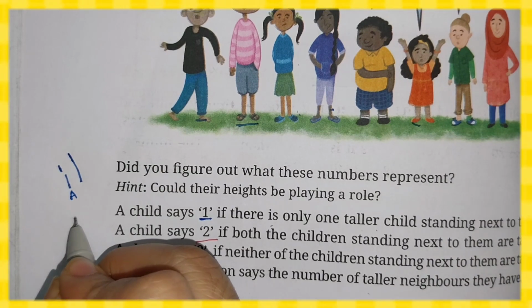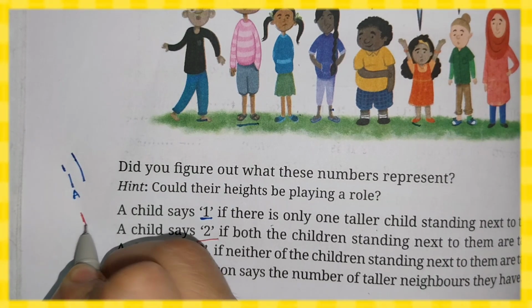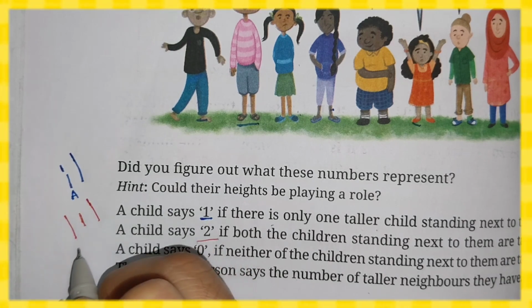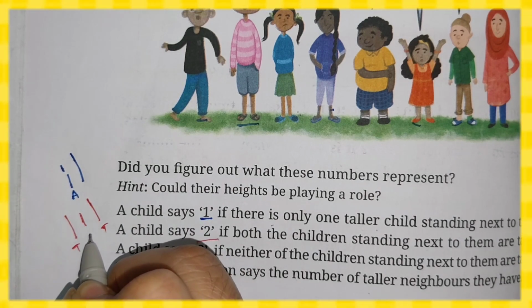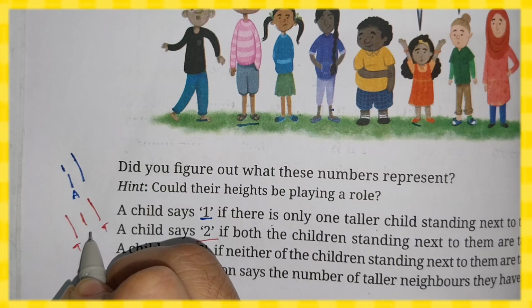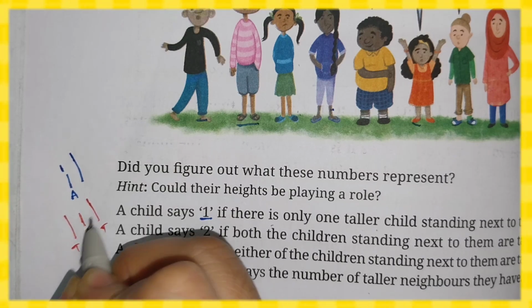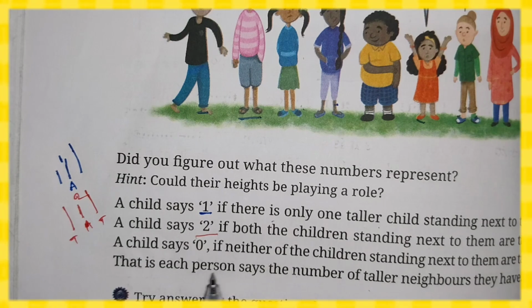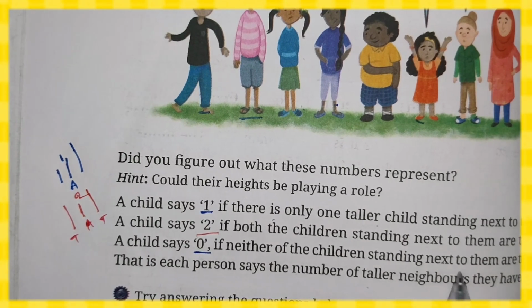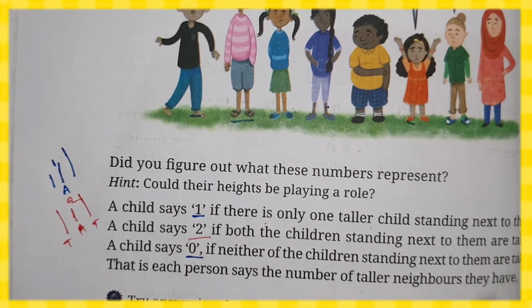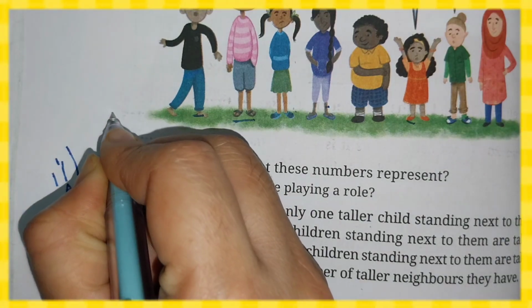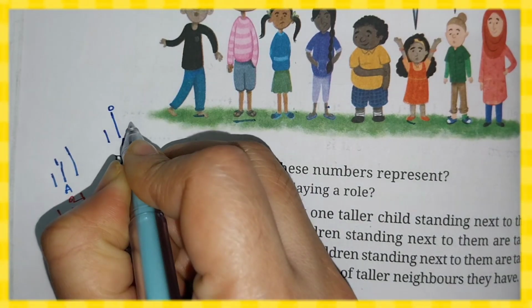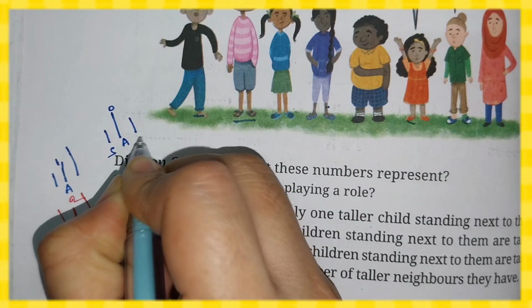A child says 2 if both the children standing next to them are taller. This means that if both the children on the left and right sides are taller, the child will say 2. A child says 0 if neither of the children standing next to them is taller. This means that if there are no taller children on either side, the child will say 0.